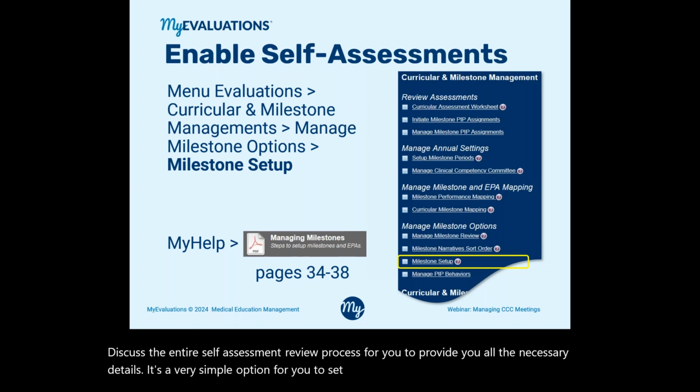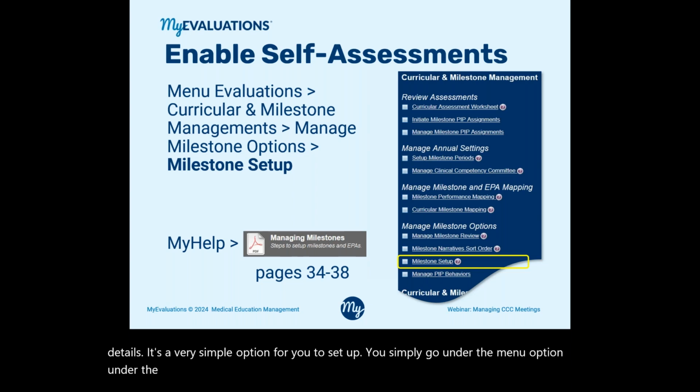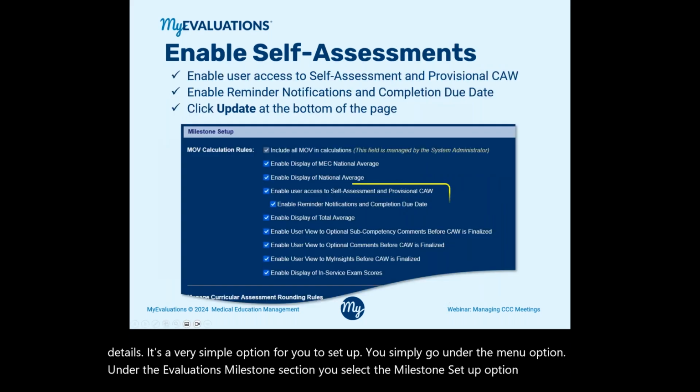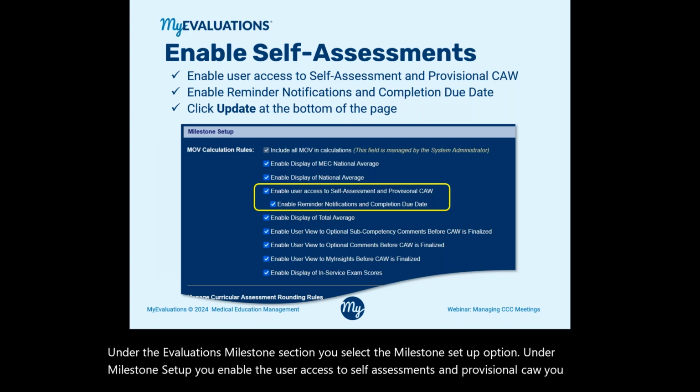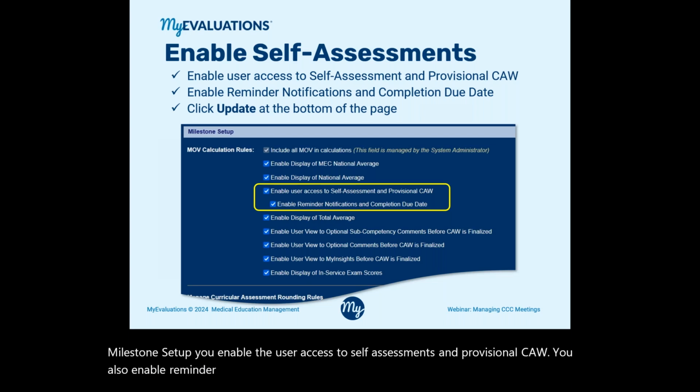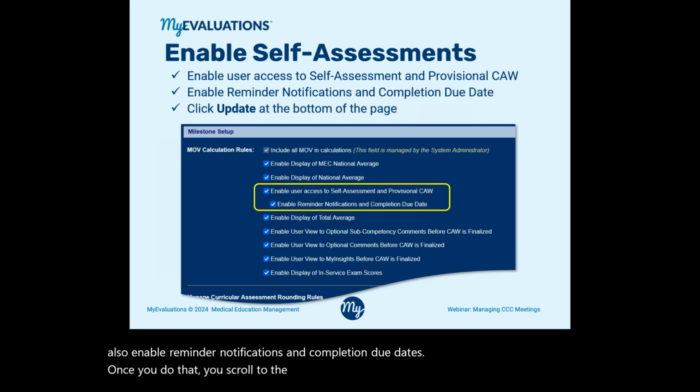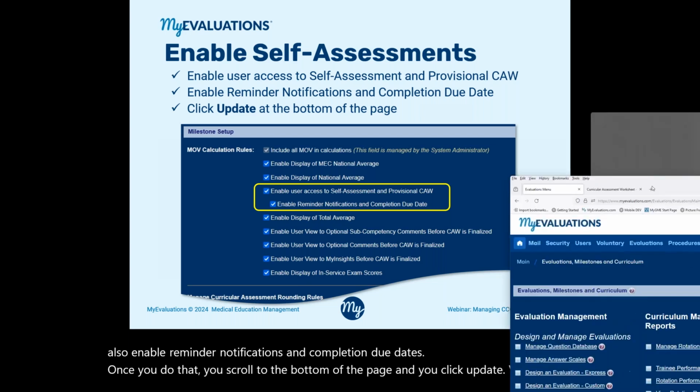You simply go under the menu option under the evaluations milestone section. You select the milestone setup option. Under milestone setup, you enable the user access to self-assessments and provisional CAW. You also enable reminder notifications and completion due dates. Once you do that, you scroll to the bottom of the page and you click update. Very straightforward, very simple process.